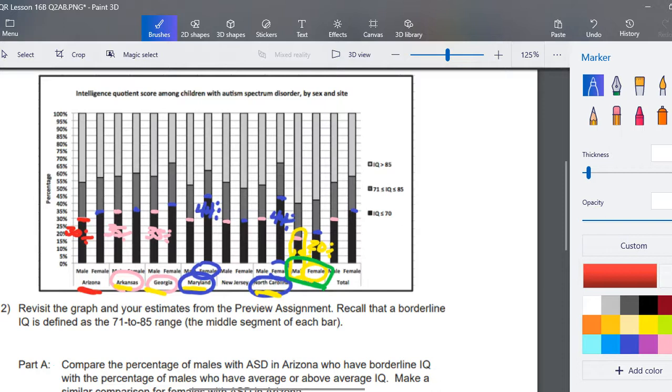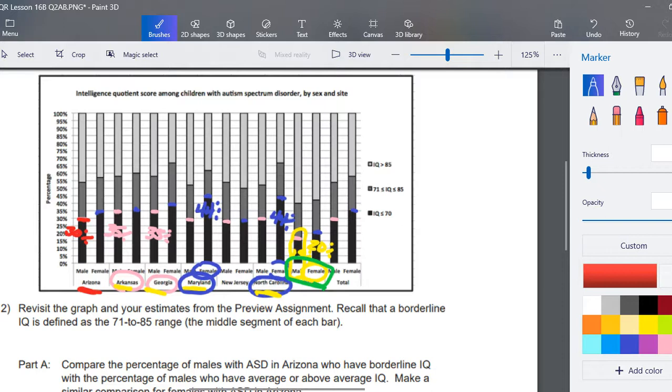Well, this first column does represent all of the boys in Arizona who were diagnosed with ASD. And each section of the column represents the percentage of boys with ASD who have a specific IQ. We have no information, though, on the IQ of children without ASD.